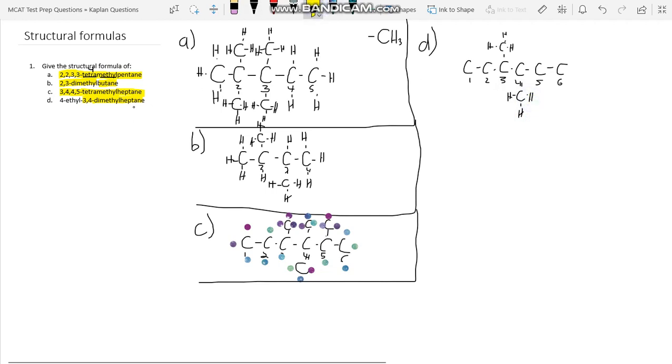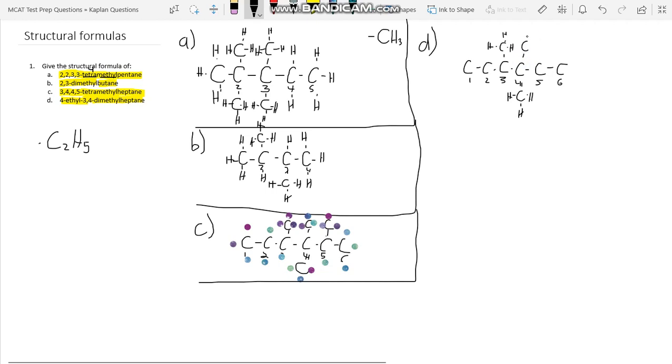Now I also have an ethyl group on my fourth carbon, and ethyl derives from ethane. So I have an ethyl group that's on my fourth carbon here.